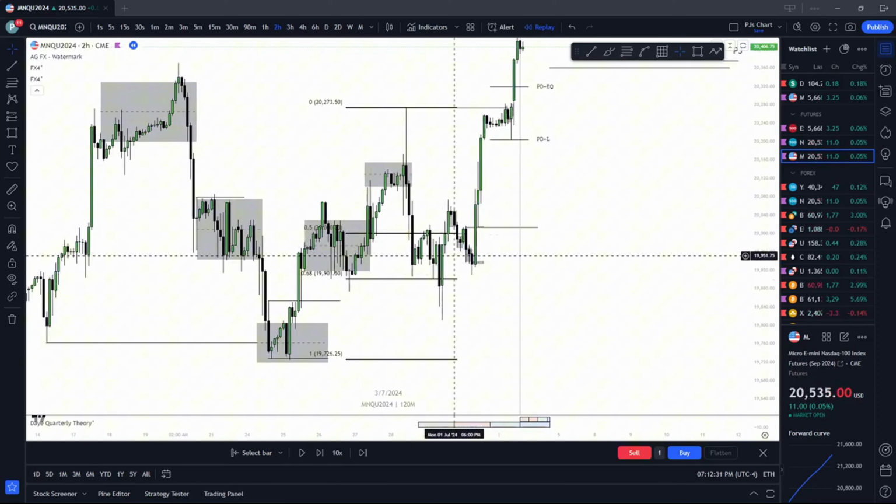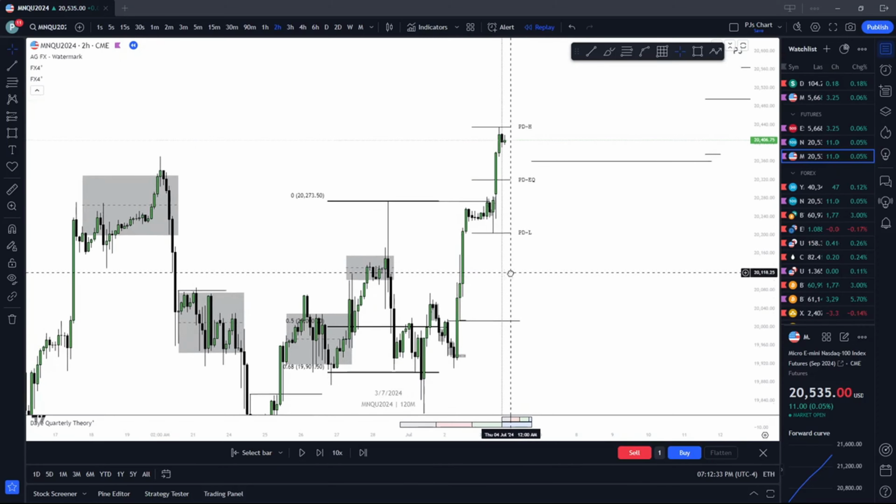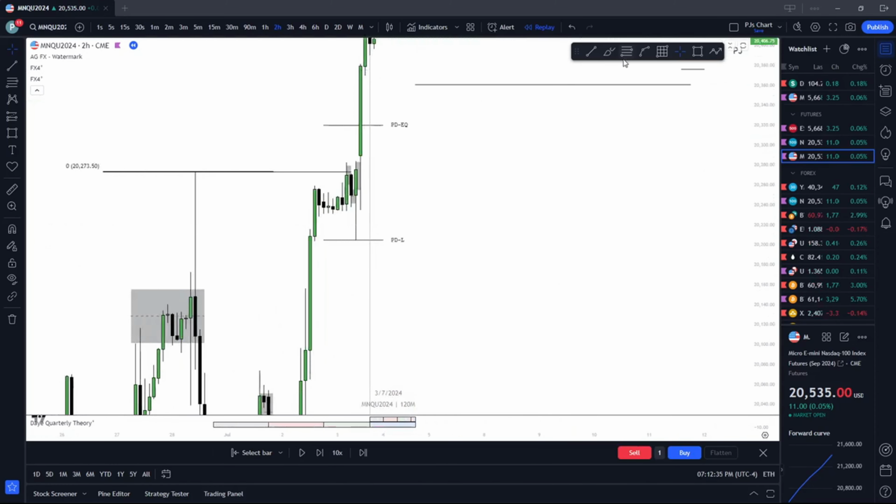So everything in our narrative, we're getting good buys on Tuesday. Wednesday wasn't the best, but within our range that we've created, not even there.